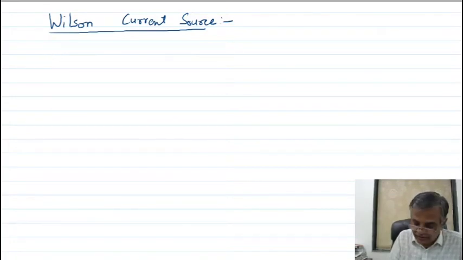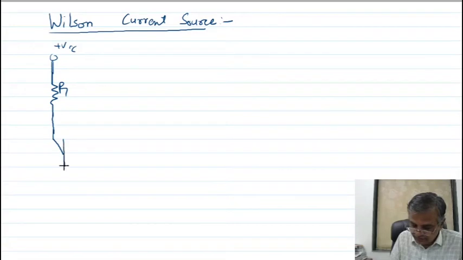Look here, circuit diagram plus VCC. This is a resistor R1. This is your one transistor, say it is Q1. This is your another transistor here.